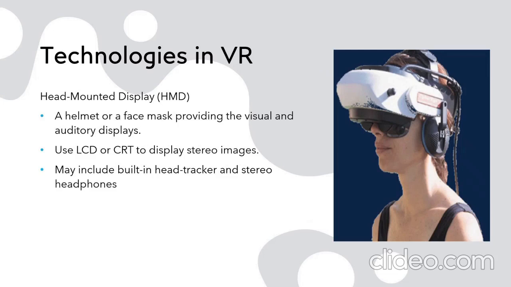A head-mounted display is a wearable device designed to be worn on the head. It typically consists of a pair of small displays, one for each eye, positioned in front of the user's eyes. HMDs use lenses to create a 3D effect, allowing users to perceive depth and be immersed in the virtual environment.